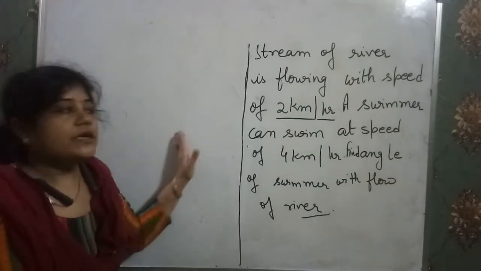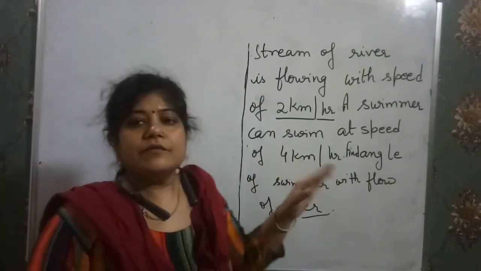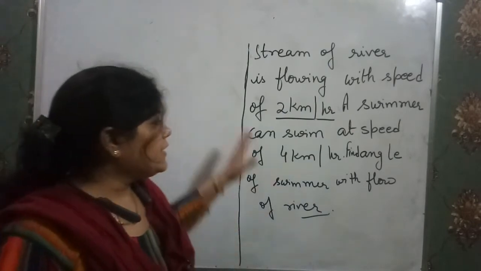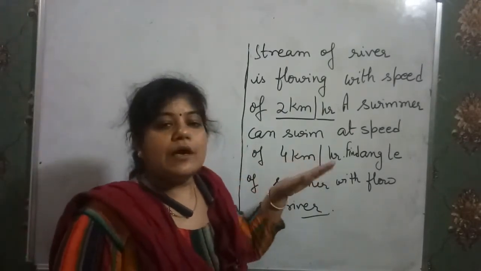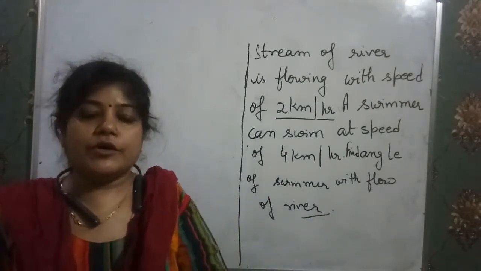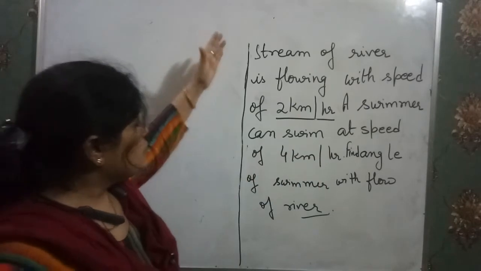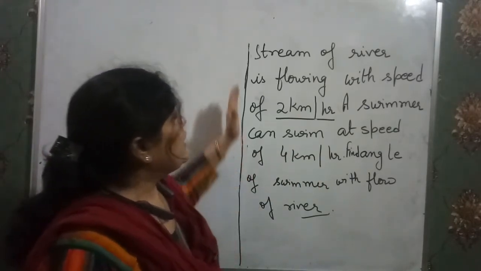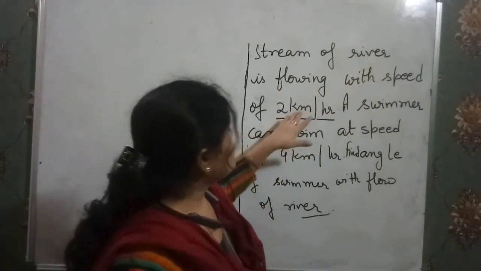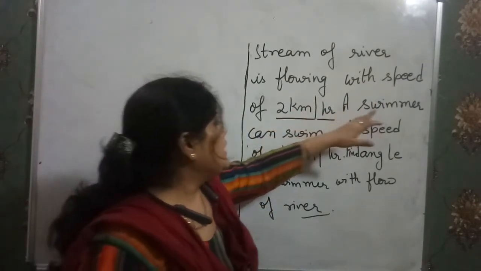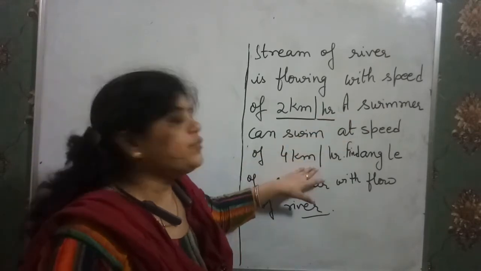Now this question is again based on the relative speed of a man with respect to water. And in this question we have to find the angle a man makes with the river in order to cross the river straight. After reading the question we got that the speed of the river is 2 km per hour and the speed of the man who is crossing the river, that is the speed of swimmer, is 4 km per hour.